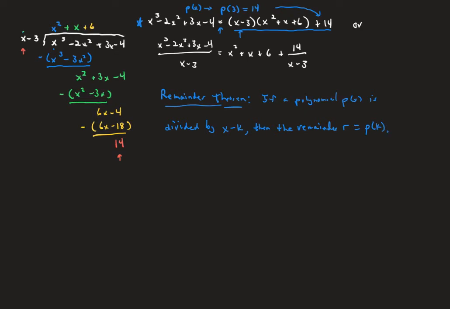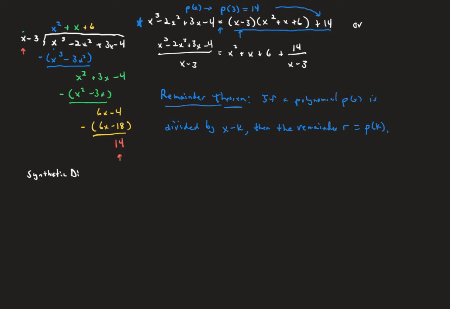Okay? So I'm going to leave this up here, and now I'm going to show you an alternate way of doing this division. We're going to need to know both, but what we've just done is known as long division. And now I'm going to show you synthetic division.